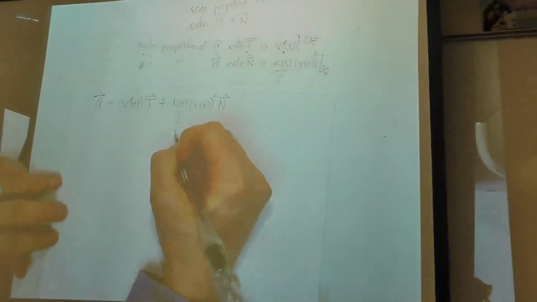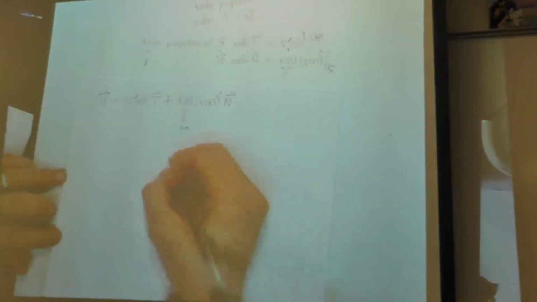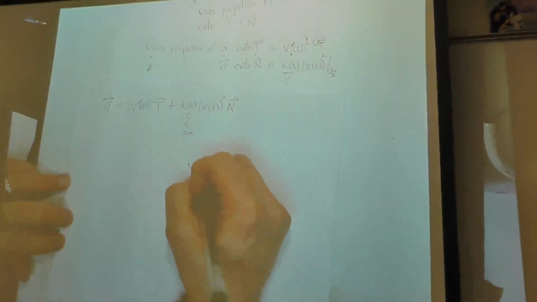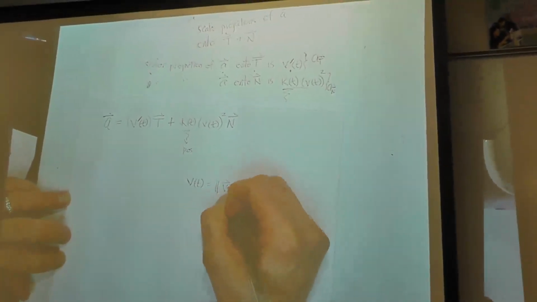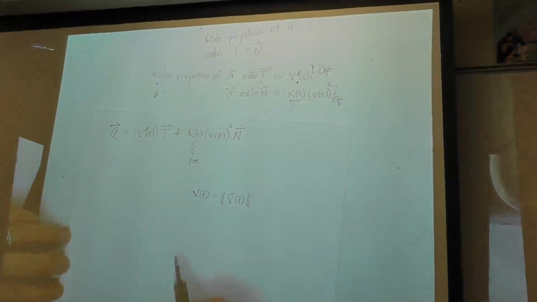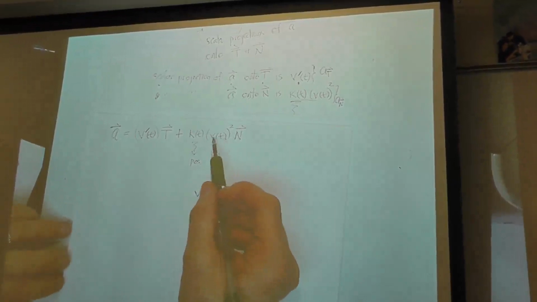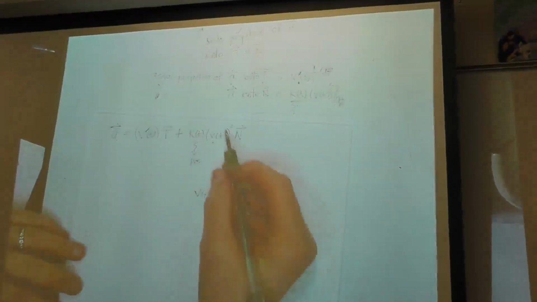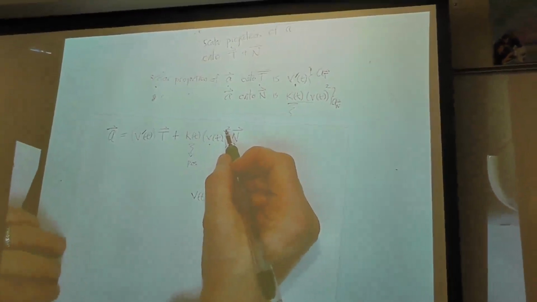Curvature, always positive. And remember, V of T is the magnitude of the velocity vector. Regardless of whether V of T is positive, well, V of T is always positive, but maybe it's 0, but you square it.